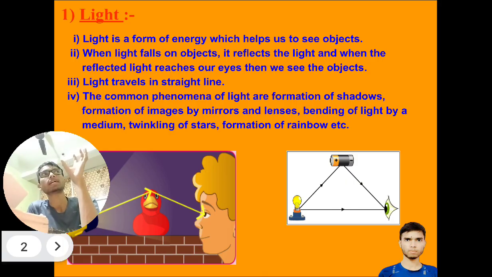The process is that the source of light will emit its light. Then that light will fall on a surface. Then it will turn into another direction.